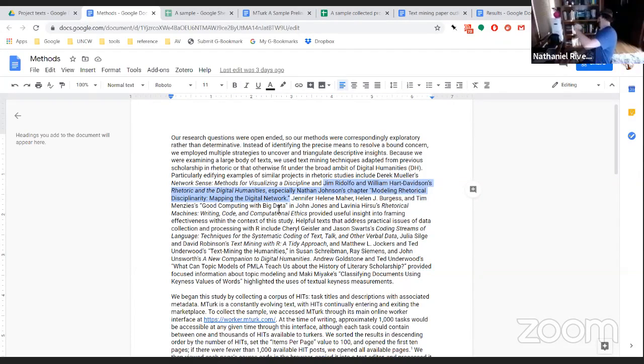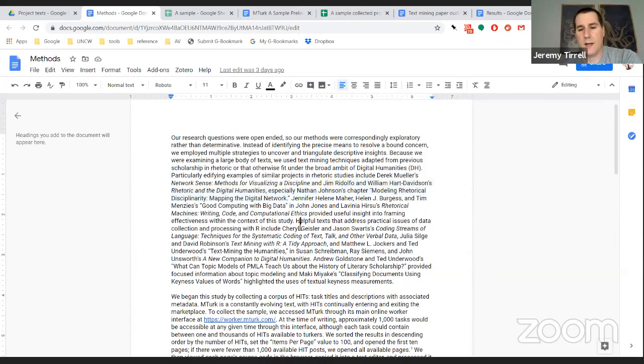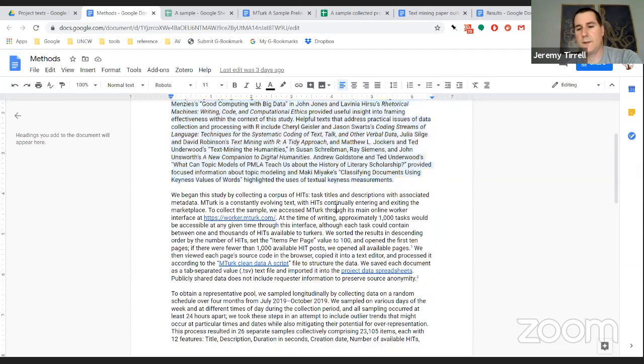But I pointed to Nathan Johnson's modeling rhetorical disciplinarity mapping in the digital network, even though a lot of these are potentially more predicated on visualization, which our work is too, really. But at least it references text mining and talks specifically about text mining. Anywho, so there's a lot of this lit reviewy kind of stuff here at the beginning of the methods. It then moves on to literally the processes we went through to collect the A sample.